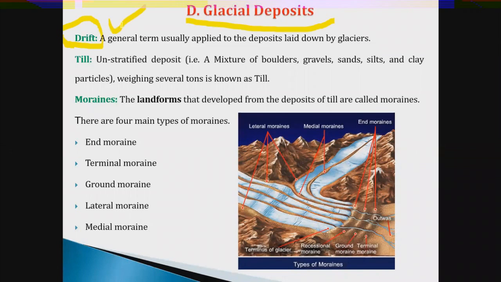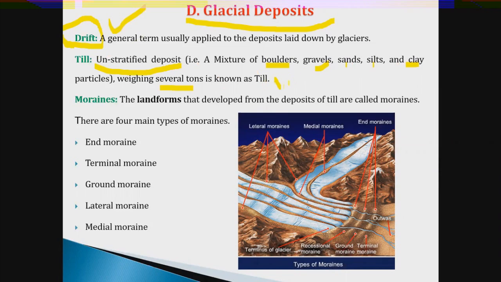This glacier drift will form unstratified deposits consisting of boulders, gravels, sand, silt, and clay particles, which will weigh several tons, and will be known as till.